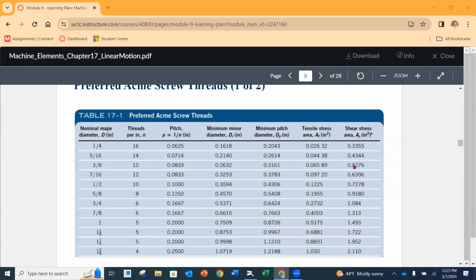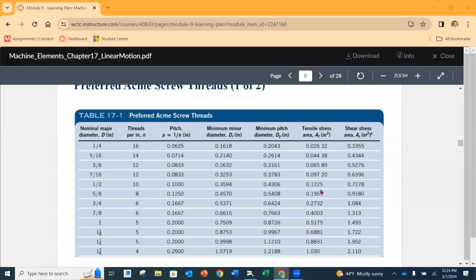On the right, the very last column is the shear stress area. This is the shear that occurs vertically, in our case, across the actual thread, like shearing off the threads so they come off. There's a certain amount of stress that those can take, so that's the area in shear that these particular sizes can accomplish.